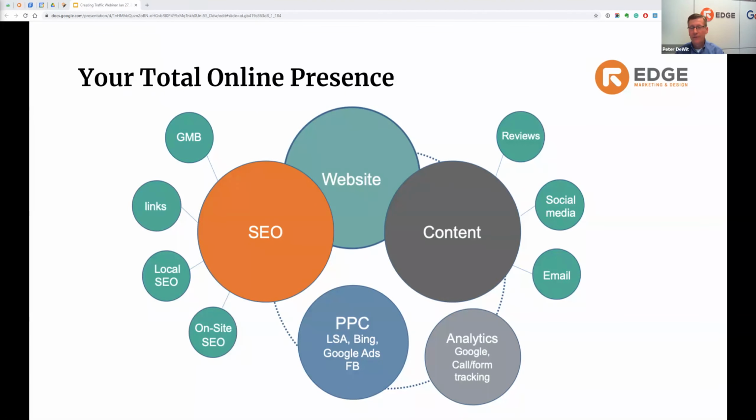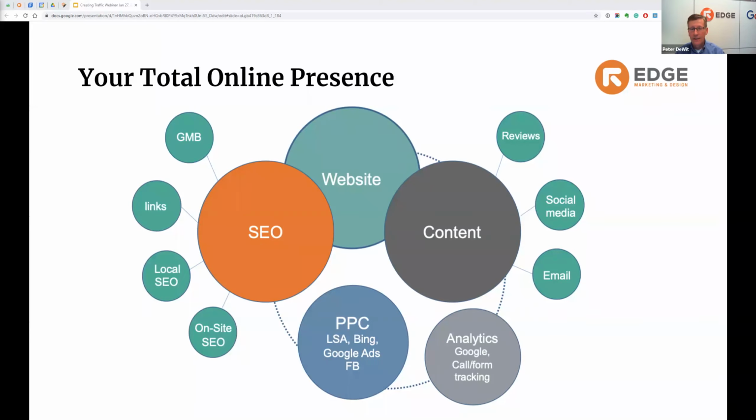There are different opinions from different providers on this, of course, but we believe that all the circles you see on the screen are the ones that a small business should be working on. First of all, the website is the core foundation of your overall online presence.